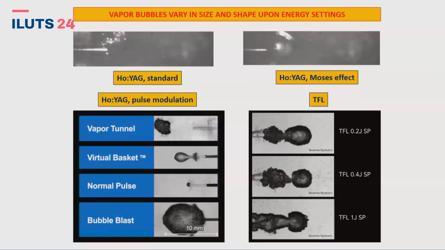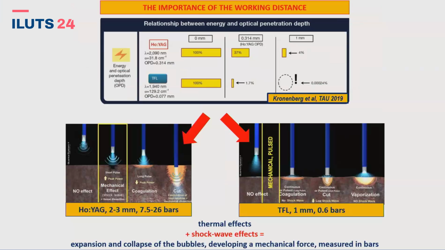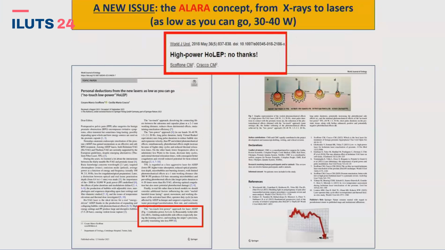And this is really important. Also, the different settings give you the possibility to have a different penetration depth of the laser, and consequently a different distance from the tissue. You have to know that, for example, for TFL, if you don't stay close to the tissue, you don't have any kind of effect.